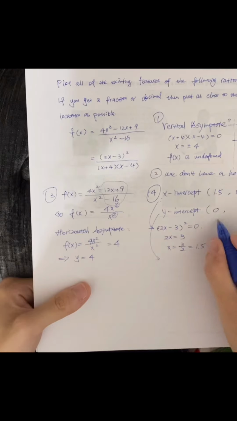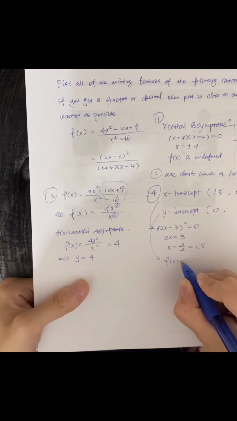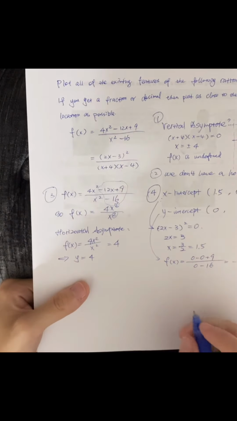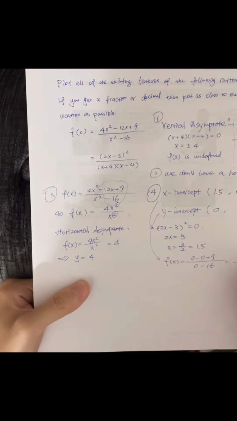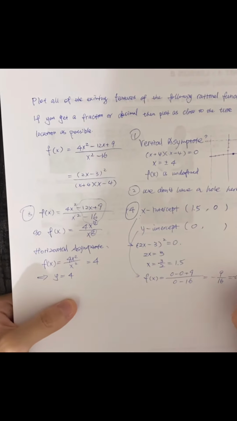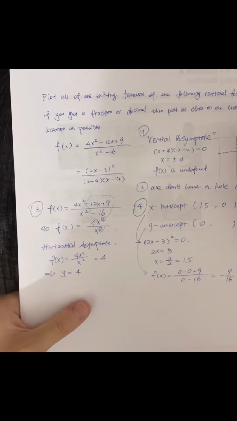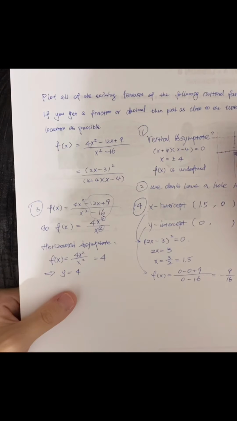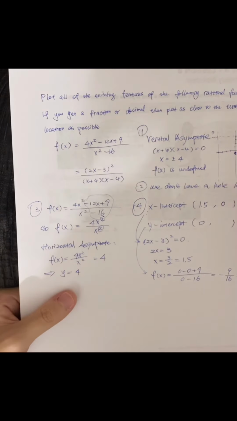Then let us resolve the y-intercept, x at 0. The only thing we need to do is plug x equals 0 back into the original function. Simplifying the answer, y is equal to minus 9 divided by 16, equal to minus 0.56.